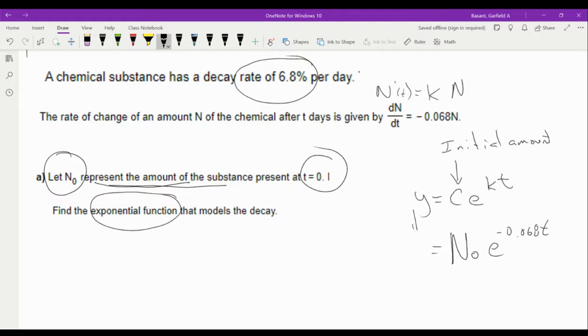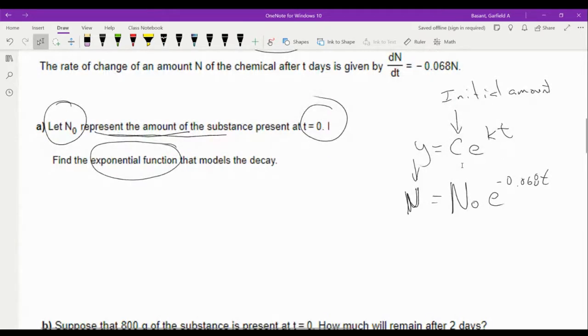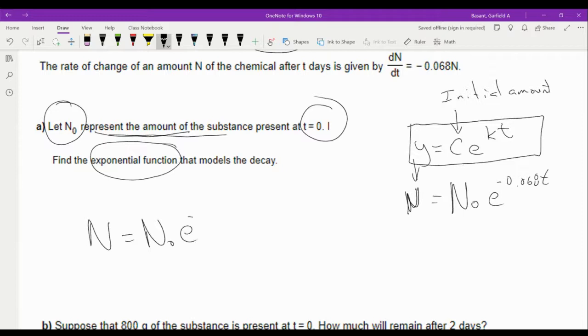What is y in this problem? N, it's the amount. And so that's our exponential function. Do not forget, these are all modeled by this. Same thing we just did. So n equals n sub 0 e to the negative 0.068 t.